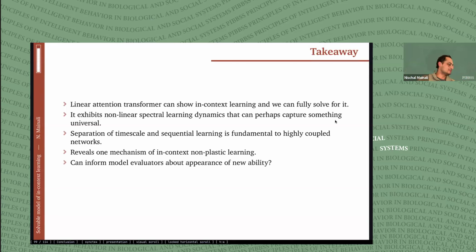And here is a point that I want to make that might be somewhat practically relevant. Maybe this can inform model evaluators about the appearance of new abilities, because we can empirically track when these singular values are evolving. You can very simply, without doing complicated experiments, look at the spectrum of their parameters, see how they're emerging, and you'll see this separation of time scales and this kind of drop in the effective ranks.